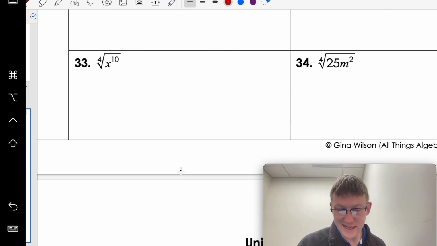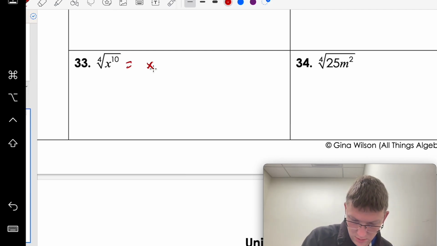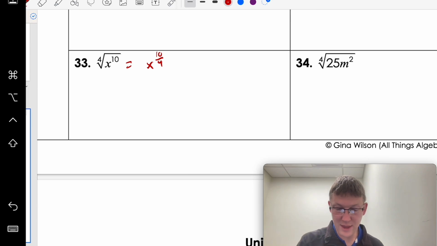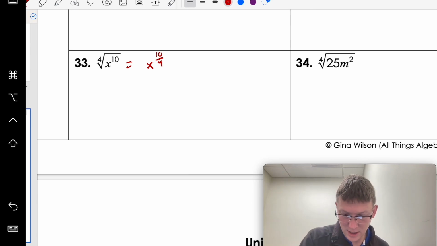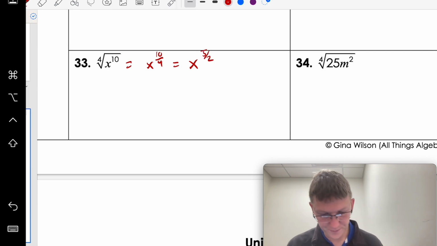So 33, it's in radical form, and I'm just going to immediately turn it into exponential form. That's going to be x to the 10 over 4. And then I know that this fraction can be reduced. So that's going to be x to the 5 over 2.